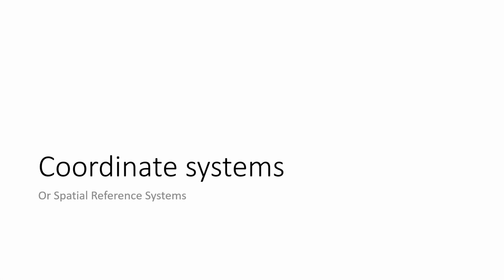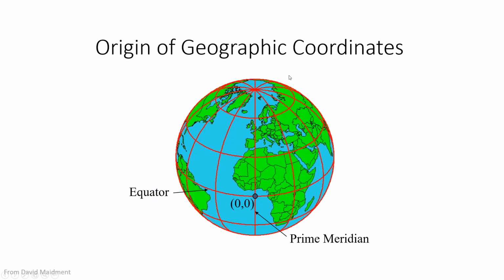One of the topics we encounter a lot in geographic information systems is coordinate systems. How is information represented spatially? That's also sometimes referred to as a spatial reference system. So we live on the Earth that's approximately a sphere.